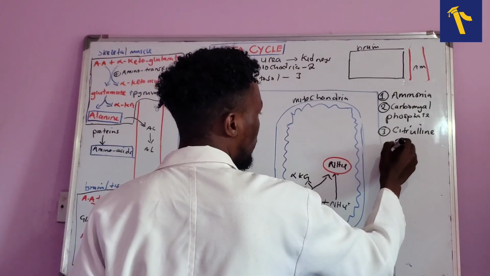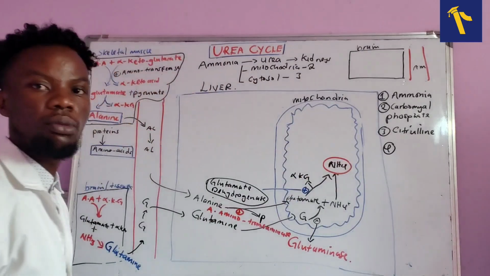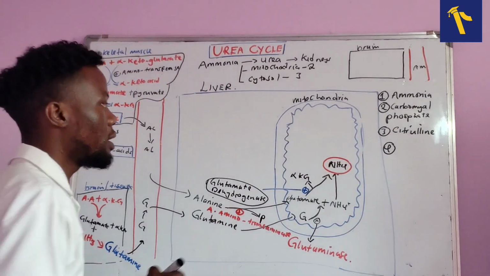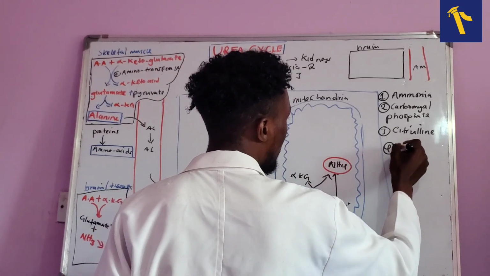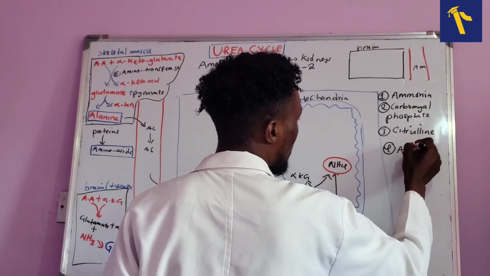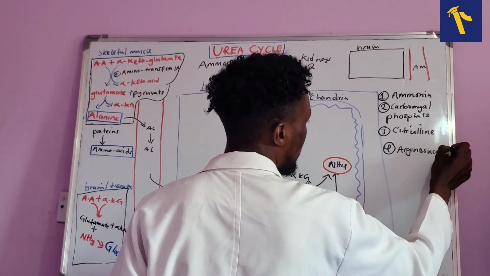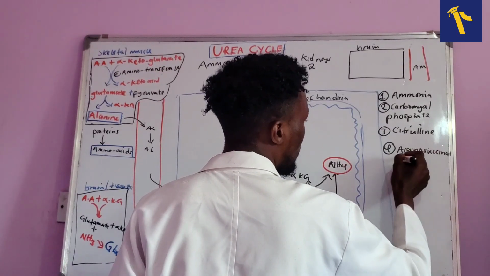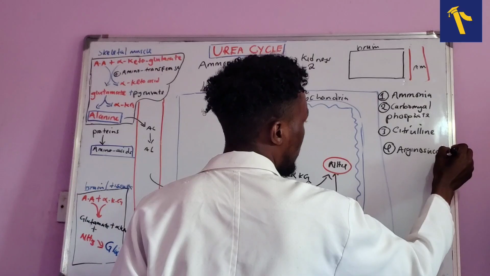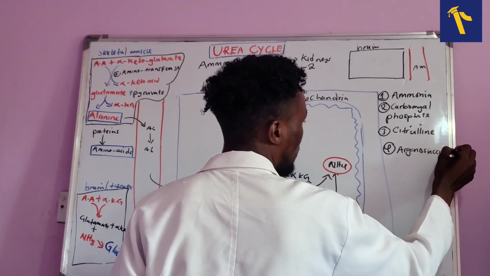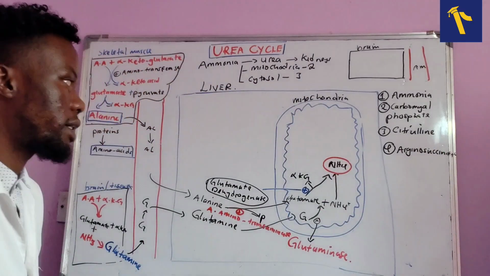Number 4, another molecule that's going to be produced apart from citrulline, is argininosuccinate.